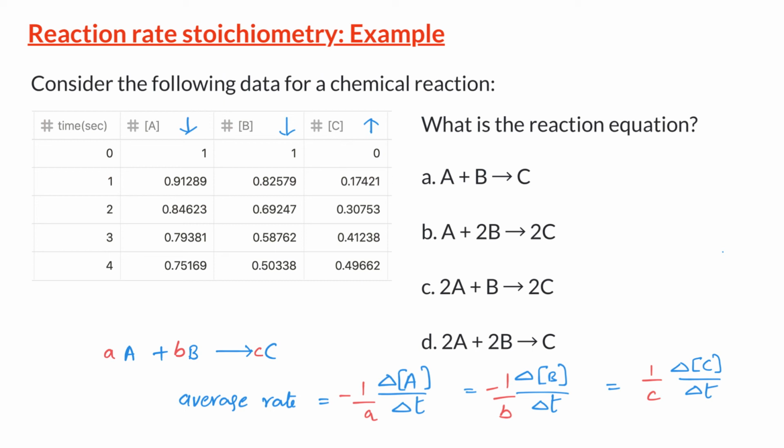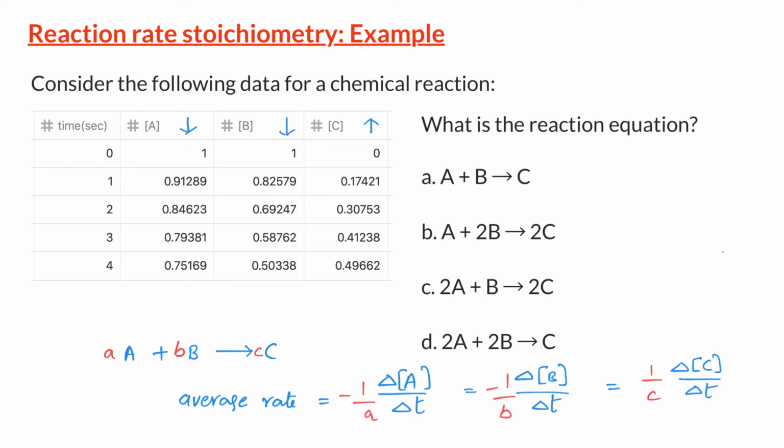As you can see, I put a negative sign in front of A and B, which are the reactants. So, from the data, if we can calculate the rates of disappearance of A and B and the rate of appearance of C and arrange these things in the above form, we can determine the stoichiometric coefficients of A, B, and C from the above equation.